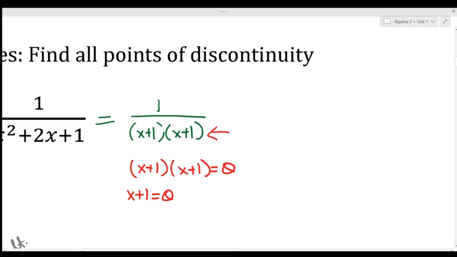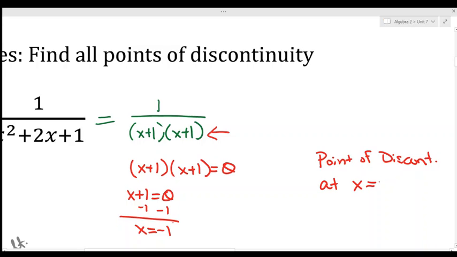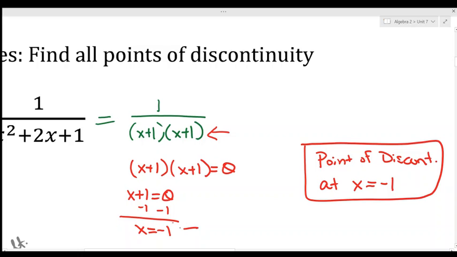No, we're lazy daisies, right? So solve for your x. Subtract 1. x is equal to negative 1. So our point of discontinuity, and I'm going to abbreviate this, discont, is at x equals negative 1. What you solve for from the bottom of your fraction is going to be your point of discontinuity.